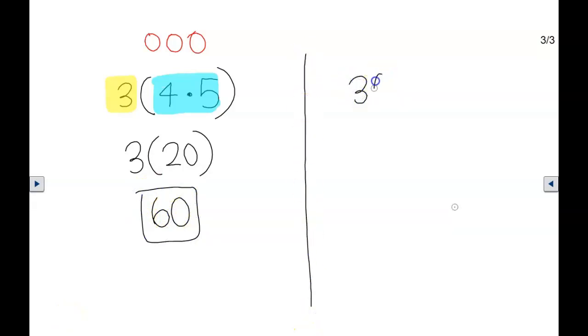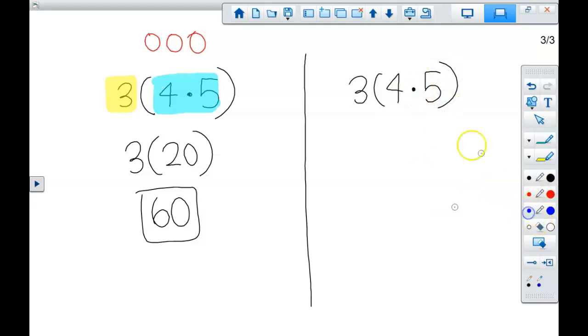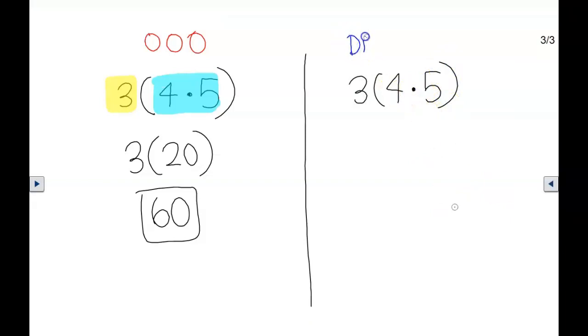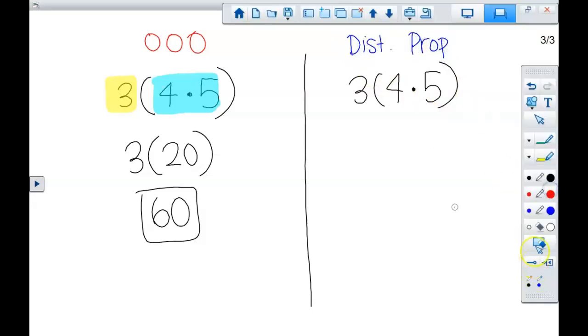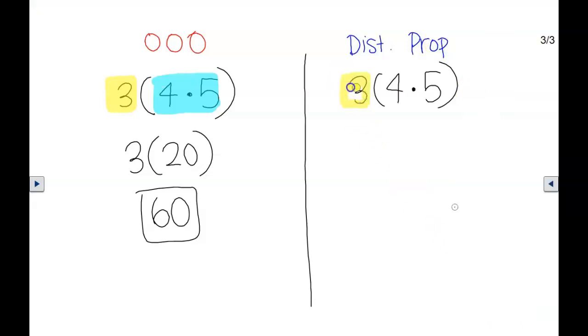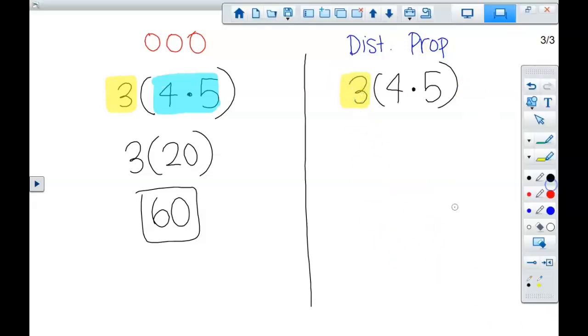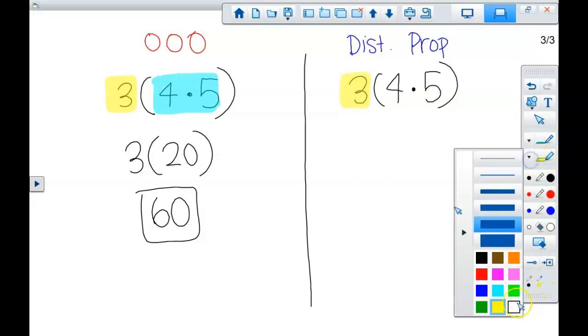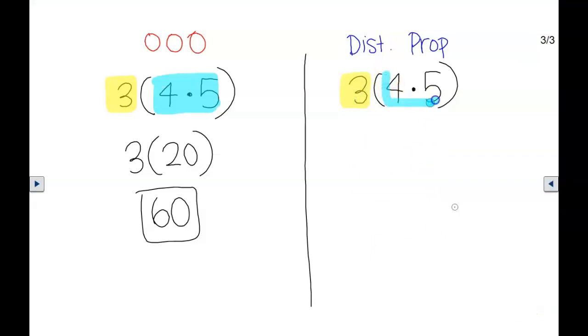Now, let's try it that alternative way. So let's try it this time with the distributive property. Now, notice again here that this problem is saying that we are taking the number 3 and we are multiplying it by the entire group, 4 times 5.